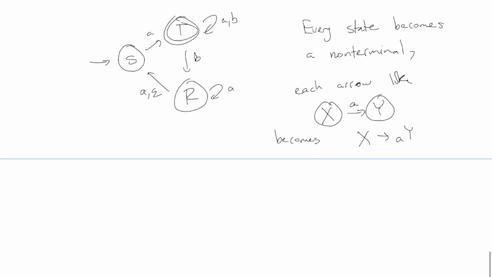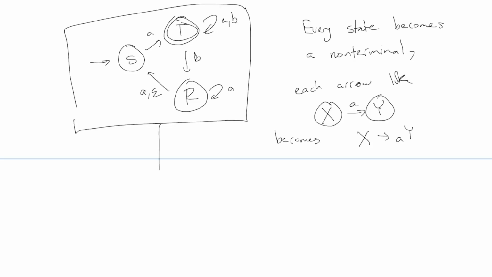All we have to do here is read every arrow from the original diagram. This is my NFA. I'm going to translate it into a grammar. Read every arrow that you see and just do this to it. So I have an arrow from S to T with an a on it. That means I am going to have a grammar production S goes to aT.